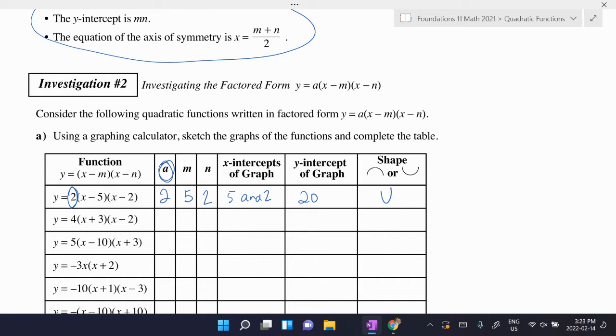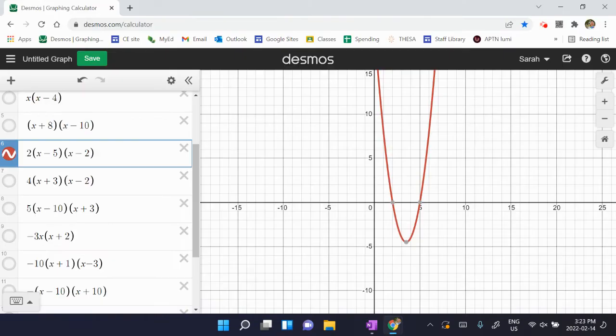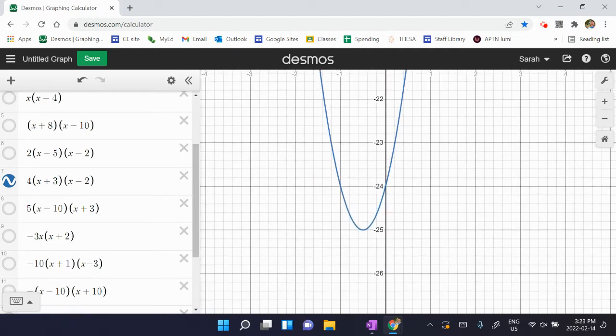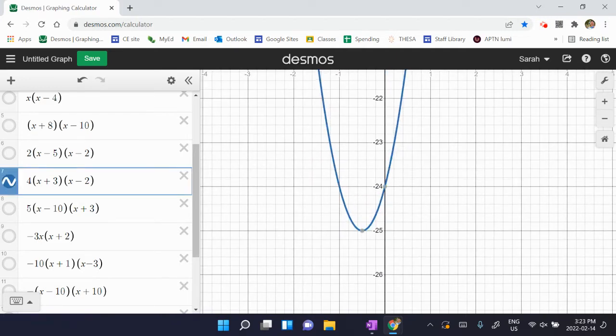Okay, put the next one into your calculator. a is equal to 4. m is equal to minus 3. And n is equal to 2. Okay, when I look at this, my y-intercept is minus 24.